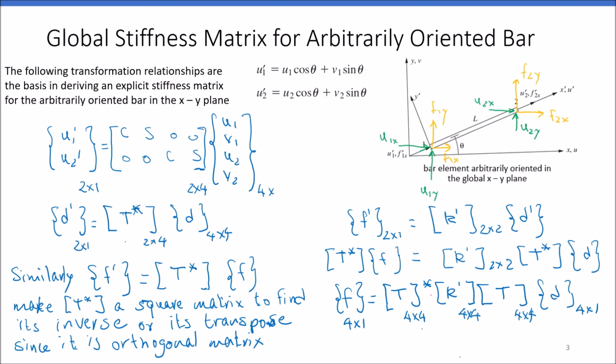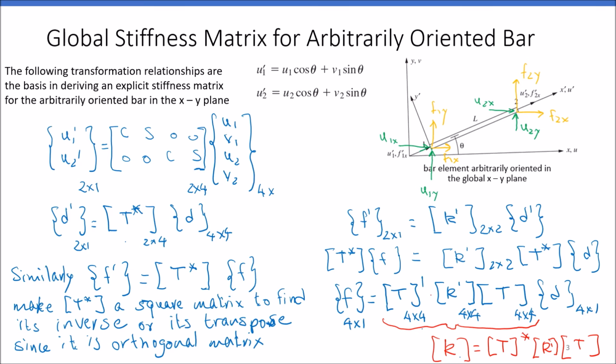And if we look carefully at this equation, what we are trying to solve for is this element stiffness matrix with respect to the global coordinates K. So we get K here is equal to this T star multiplied by K prime multiplied by T. And I'm sorry that this is a transpose and not a star.